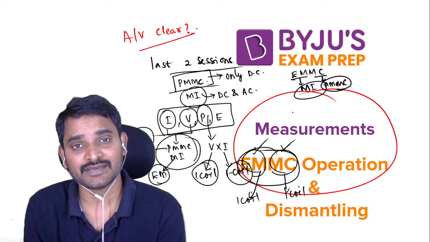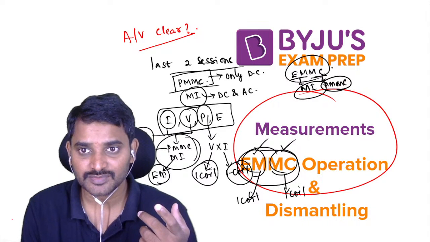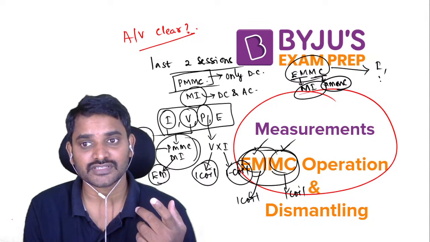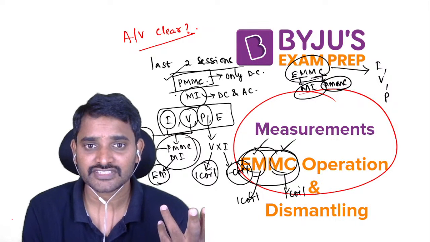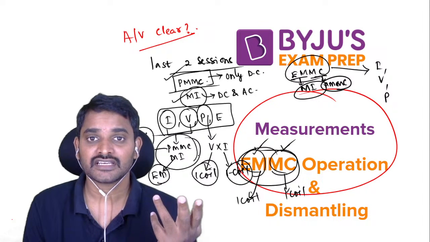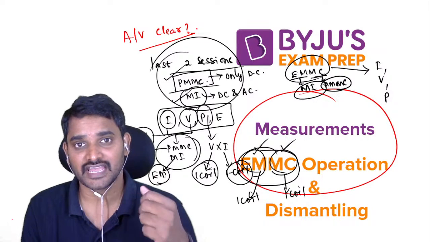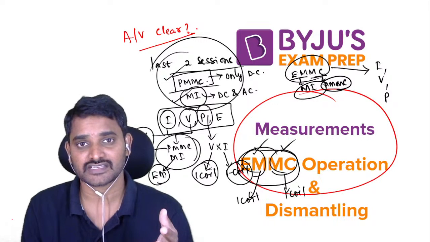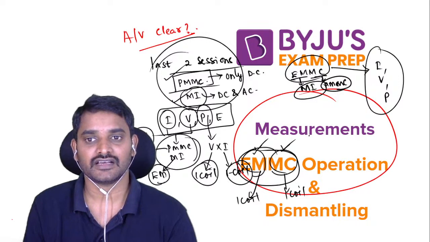If you design an EMMC instrument, what do you need to measure? This EMMC instrument has to measure current, voltage and power, because PMMC can measure current and voltage, and MI can measure current and voltage. Whatever drawbacks these two meters have should not be there in this EMMC.